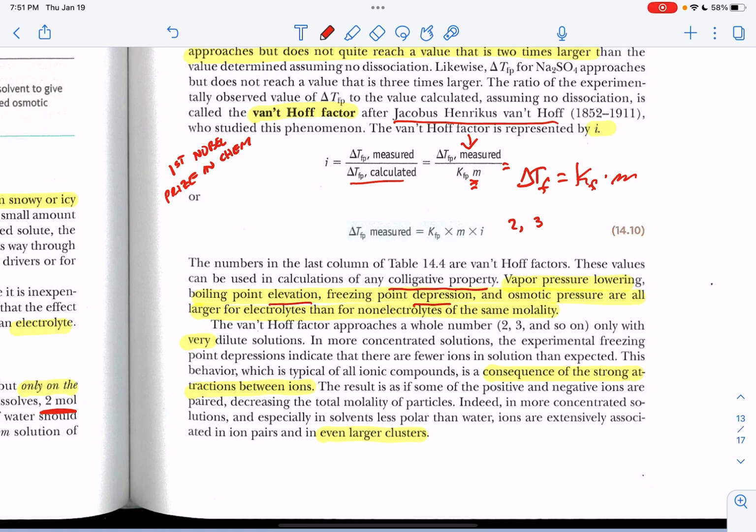It's going to depress the freezing point like the vapor pressure, because those particles are going to interfere with the solution's ability to freeze. And it's going to make your osmotic pressure larger for electrolytes than for non-electrolytes.